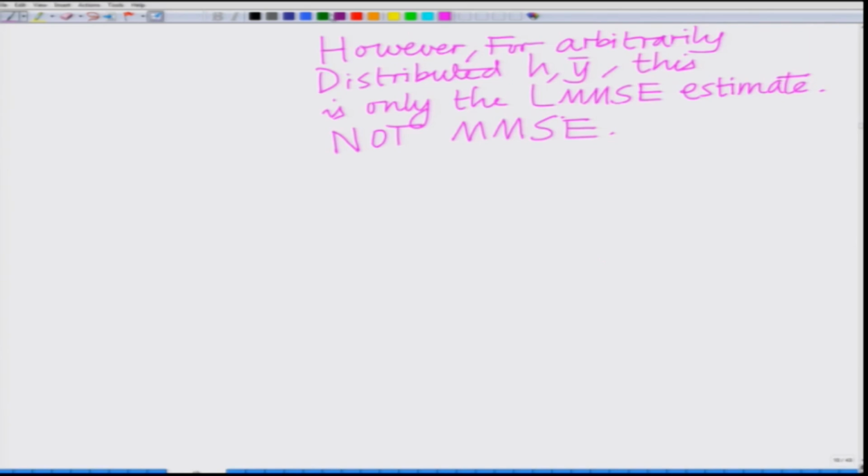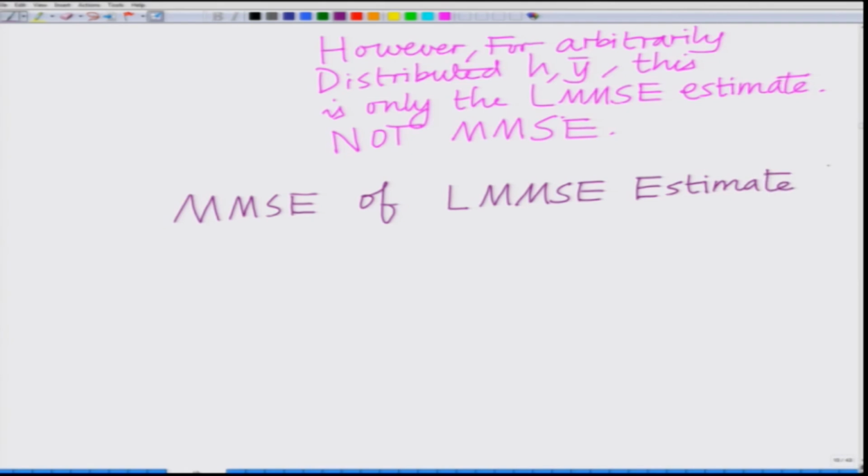Now, let us also compute the resulting MMSE of the LMMSE estimator. This can be derived as follows.